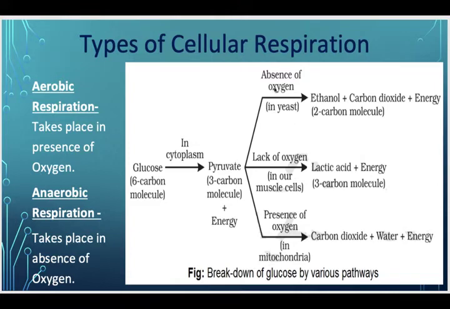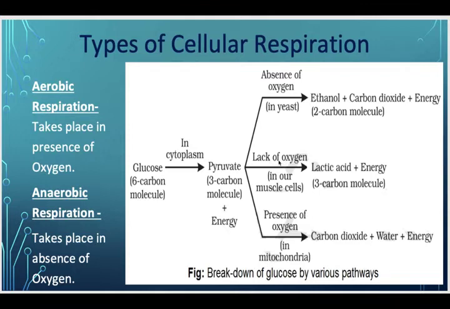First pathway, in the absence of oxygen, like in the case of yeast and certain other anaerobic bacteria or microbes, pyruvate further breaks down into a 2-carbon molecule known as ethanol, and the byproduct carbon dioxide is released with release of energy here. And in the second pathway, you can see the lack of oxygen.